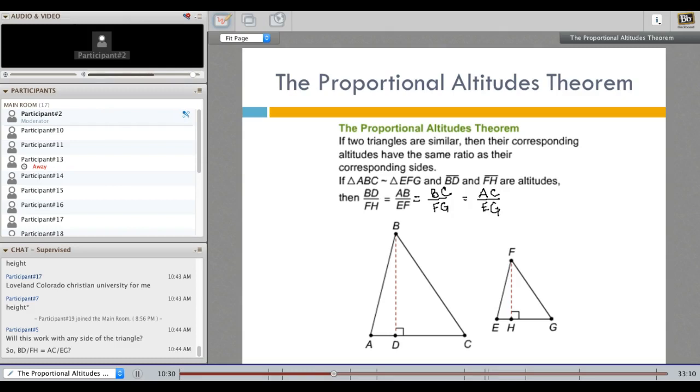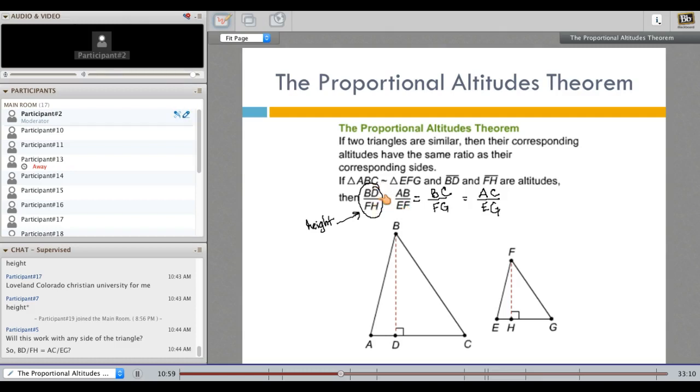Okay, so this is the only one, basically, this is the altitude or the height. So you make a fraction out of the heights of the triangles, and then all of the other fractions here are just the matching sides, the corresponding sides. Okay? So this is the proportional altitudes theorem. Now you will have a question on the quiz that asks, okay, here's a ratio that's true. How did the kid know that that was true?